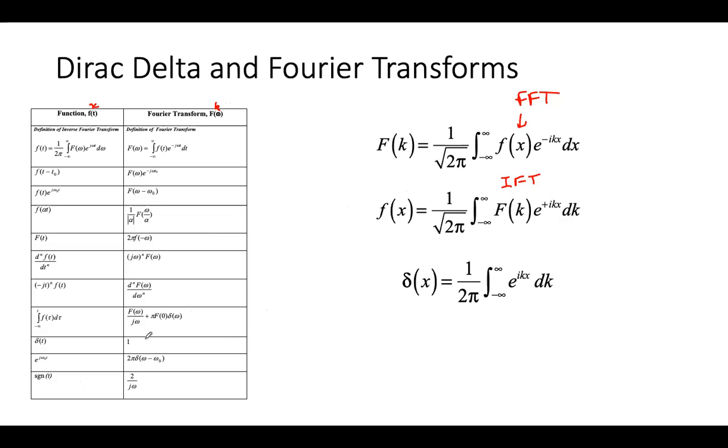Okay, and the one fact I want to make use of right here is this row on the table. You could do the integral sometime. I would get a mathematician to help you. All I'm saying is, what if I do the inverse Fourier transform where F sub k is the unity of all things? Think about what you'd be doing. You're doing this integral from minus infinity to plus infinity, there's some issues with that because it's complex.